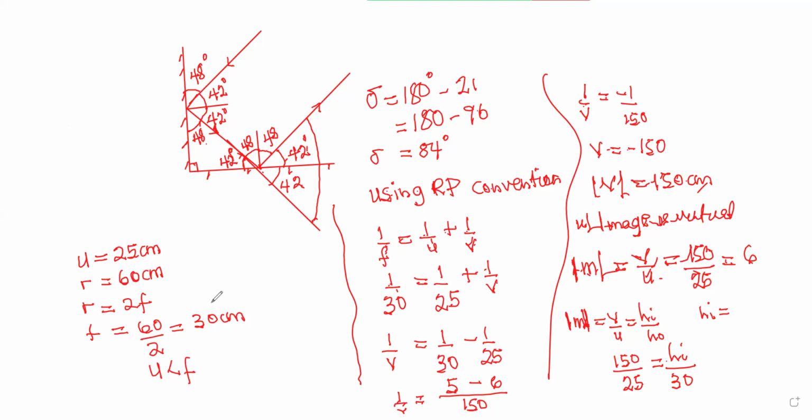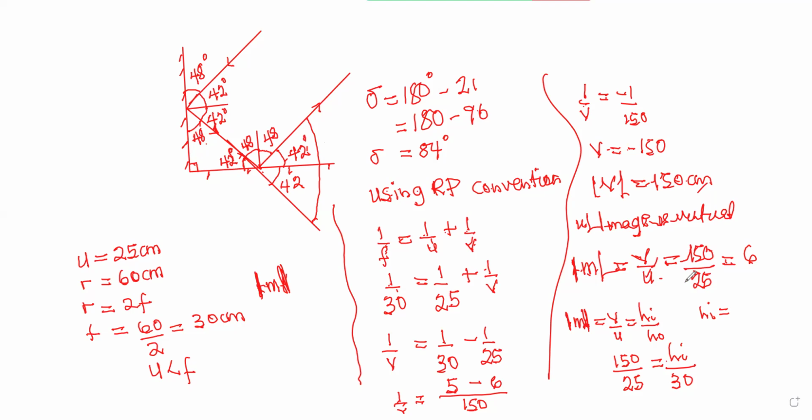If m is greater than 1, it means the image will be magnified. If m is less than 1, image will be diminished. So we are looking at numerical value. That is why we use this symbol. Magnitude, we put small letter m within the absolute value symbol. It is for that reason that we didn't consider negative 150 divided by 25. We considered the numerical value.